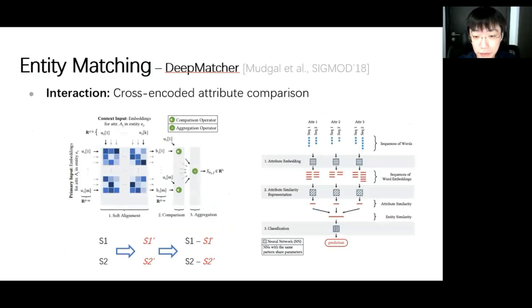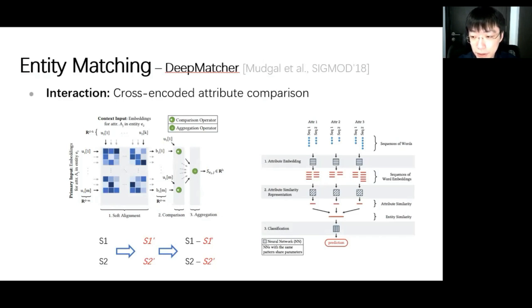The general framework of DeepMatcher is similar to DeepER. The major difference is that for the comparison, DeepMatcher does not just use a simple scalar of cosine similarity. It uses a similarity vector that reflects the semantic difference between the two attributes. This is achieved by a cross-encoding step that aggregates a tuple from its counterpart.